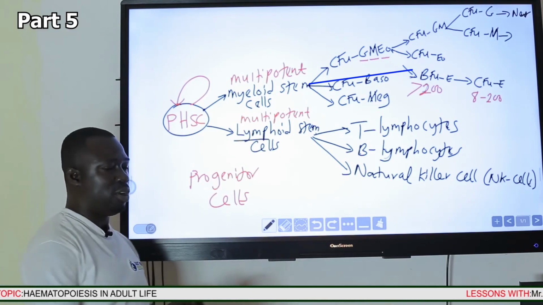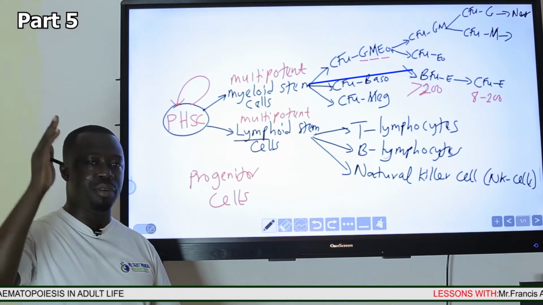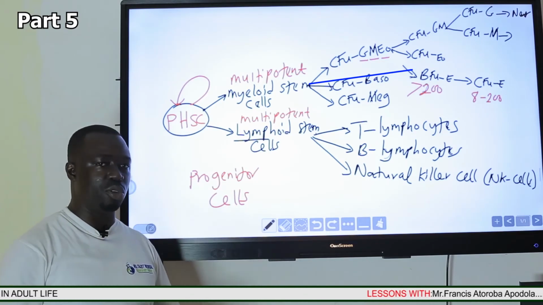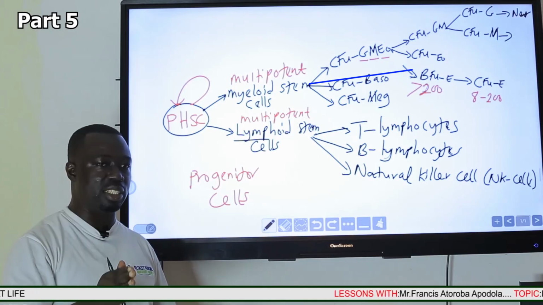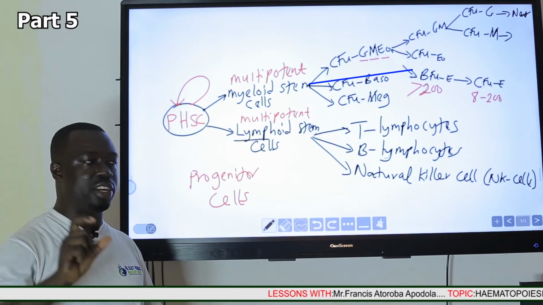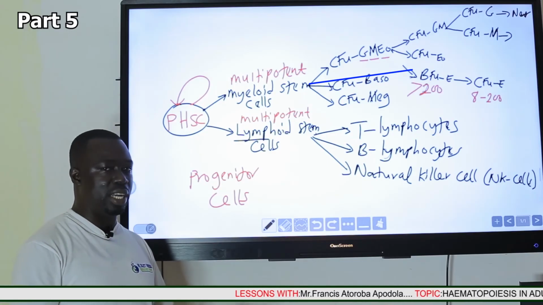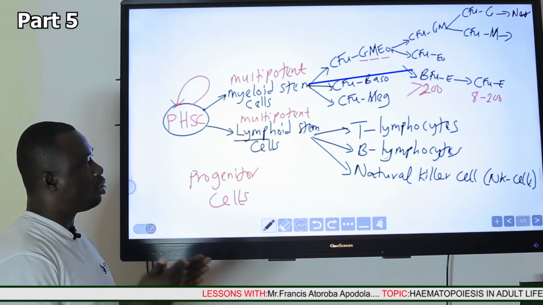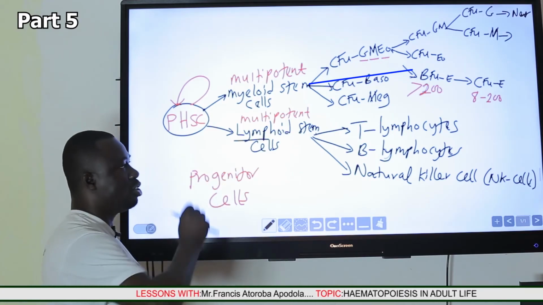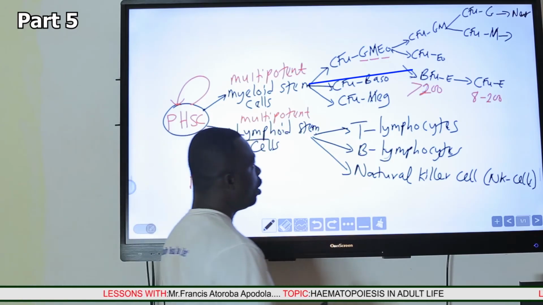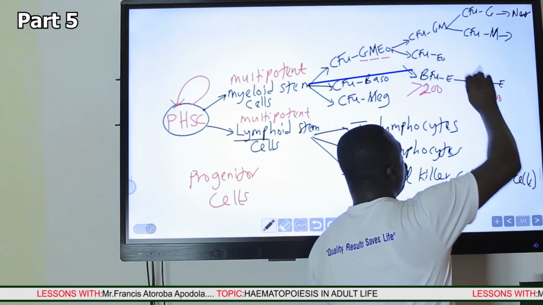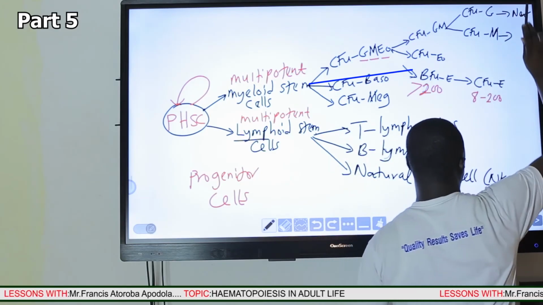When it comes to hematology practice, when we run a full blood count test, the granulocyte in a full blood count report actually refers to neutrophil. So in practice, when clinicians talk about granulocyte, most often than not, they are referring to neutrophil. And so this colony-forming unit granulocyte will only produce neutrophils alone.